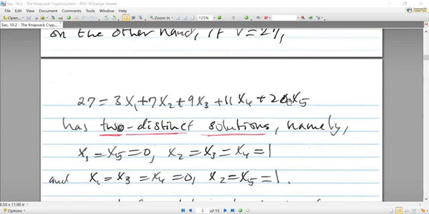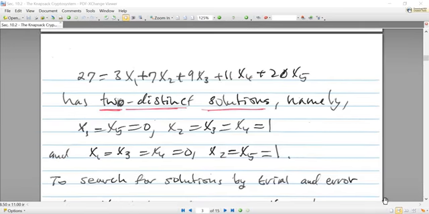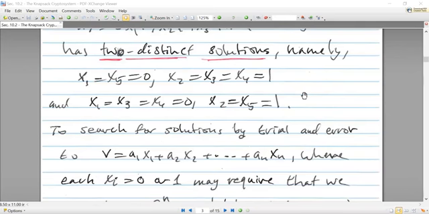You just plug these in, and you will see that they add up to 27. Another solution is where x1, x3, x4 are 0, and x2 and x5 are equal to 1. It's not very hard to see: x2 is 1, x5 is 1, this is 27, and the others are 0. Yes, it does satisfy the equation. And these are the only two solutions.